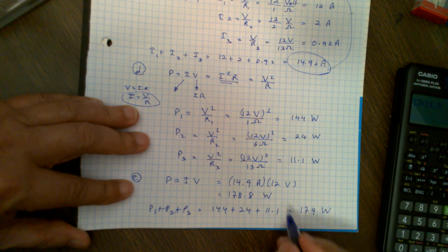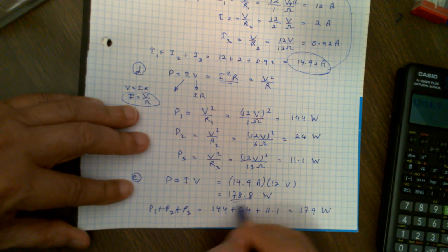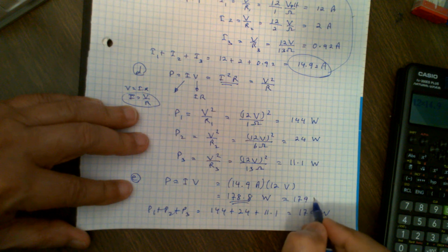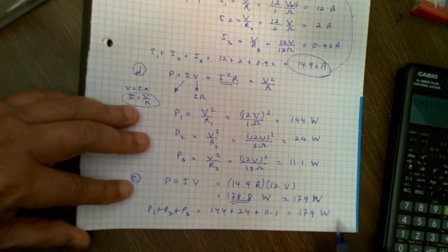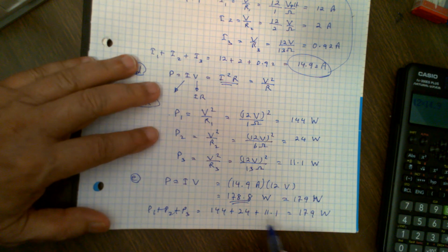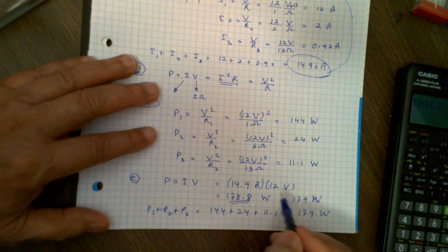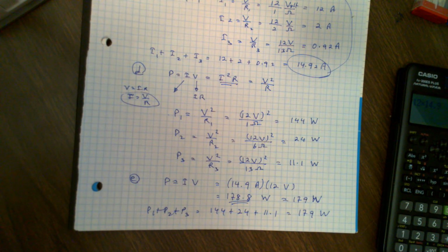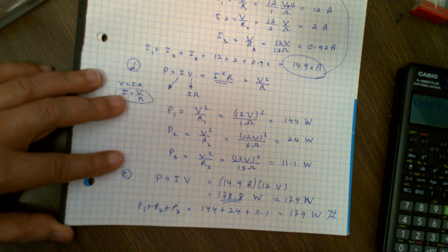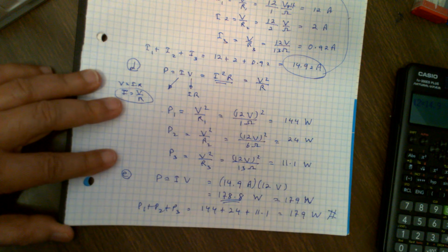Watts. Okay, so this is also actually 179 watts. So both of them are the same. All right. And the reason we don't get exactly 179 is because there are a lot of decimal places that we left out. All right. So you can look in the book example, but anyways, that's how you go through that.